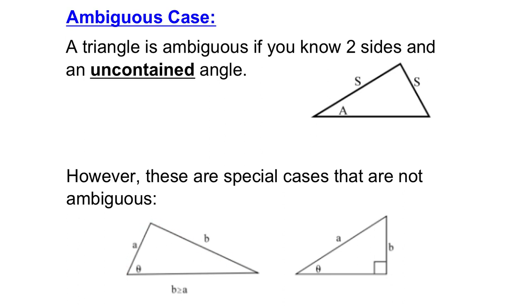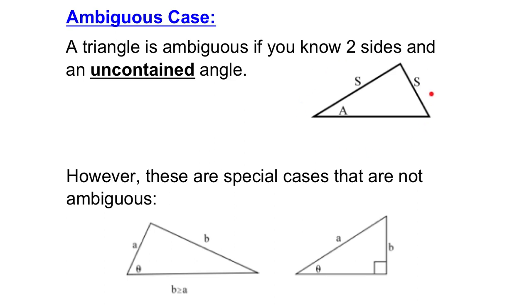That's not ambiguous. Or if this side length is longer than this side, it's not ambiguous. Also, if you're dealing with a right triangle, it's not going to be an ambiguous case. Because this is a right triangle, the other two angles have to be acute.